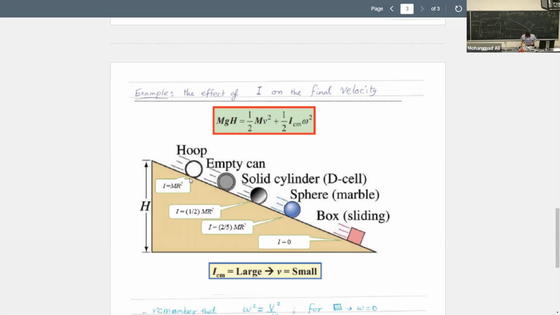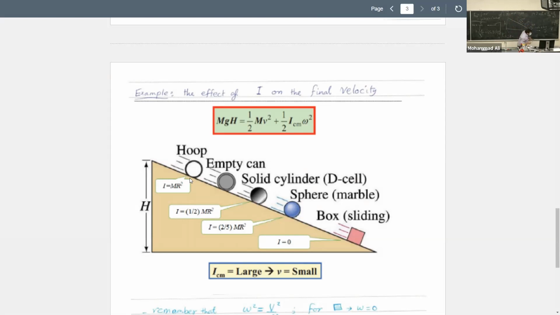What is the next? The solid cylinder. This is a cylinder. Maybe its kinetic energy linearly, for example, will be 85. We can compute it.